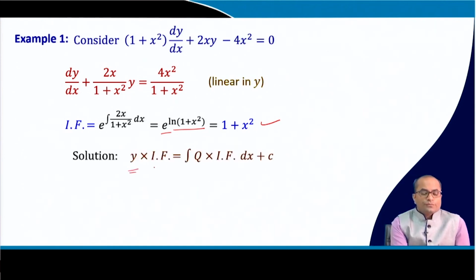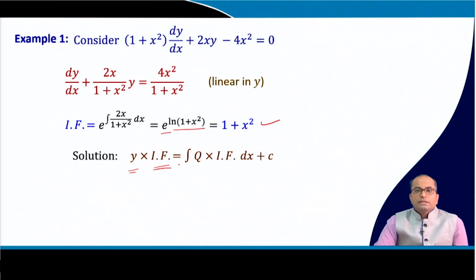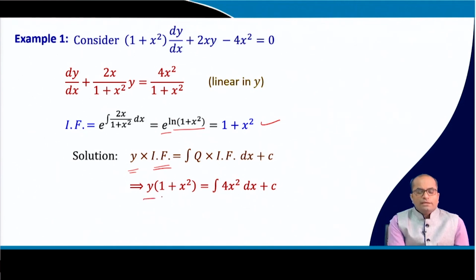Then we have that formula that y into the integrating factor is equal to the integral of q into the integrating factor dx plus a constant. So, y into 1 plus x square, and on the right hand side we have the integral, where q is 4x square divided by 1 plus x square, and the integrating factor is 1 plus x square.